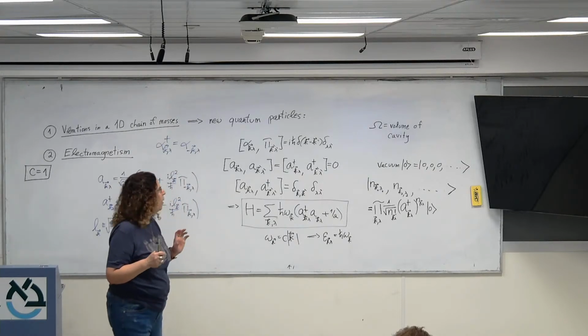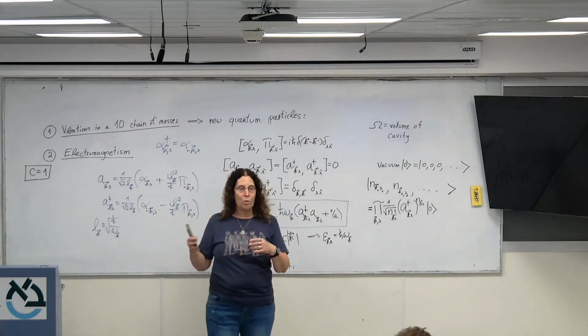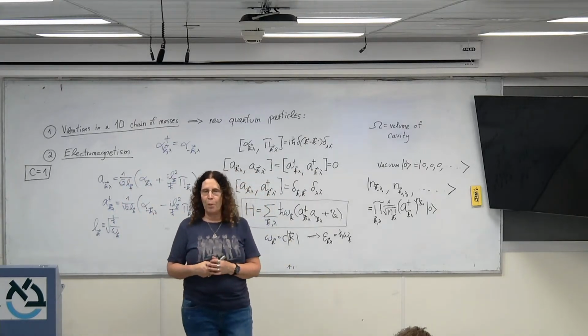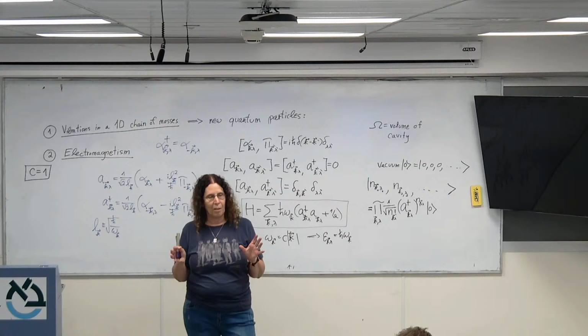What was special about both the Lagrangian that I wrote and the oscillator, the coupled spring, is that in both cases you had kinetic and potential energy that were quadratic in the fields.